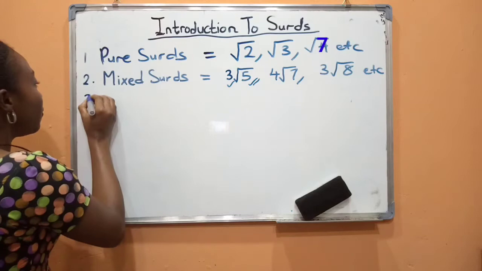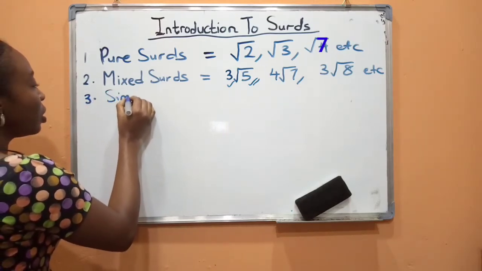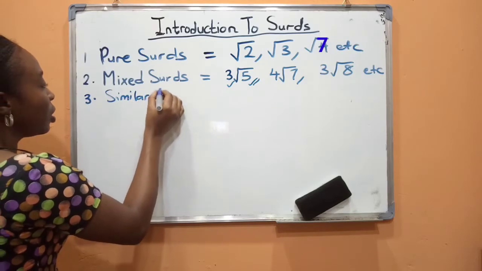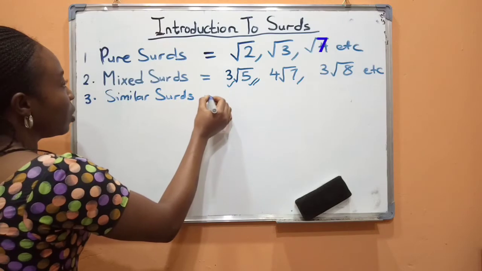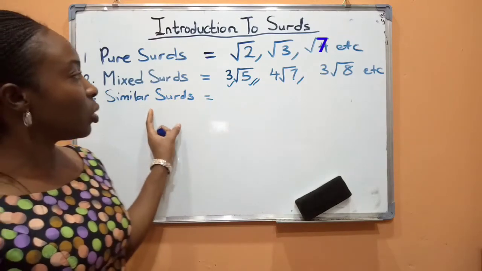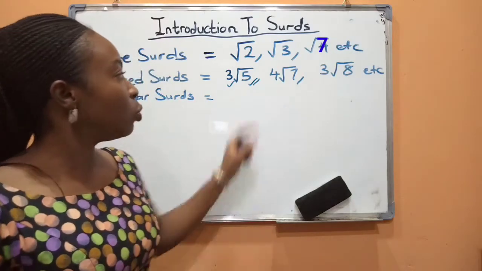Another one we have is called similar surds. Now when you talk of similar surds, all their roots are the same. Okay, they have the same root.